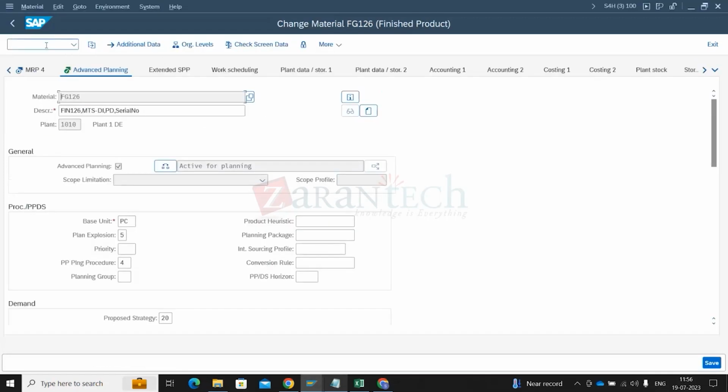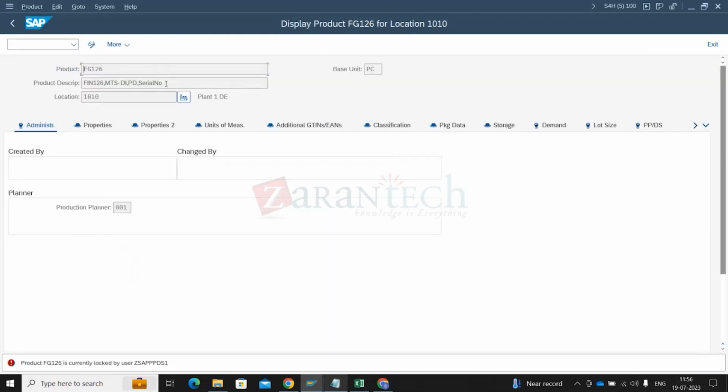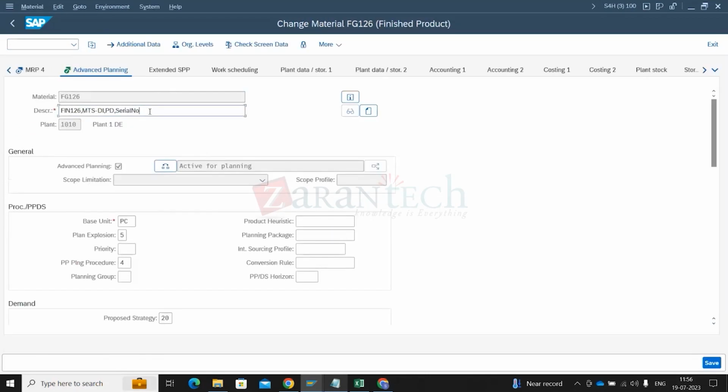Just a small change I want to show. See, the description says FIN 126 MI serial number. Now serial number 1234 I am going to put on the S4 side, and save. System is very slow.